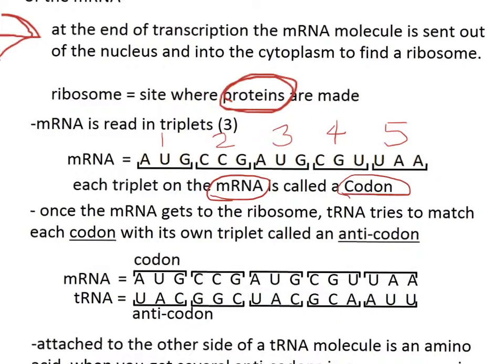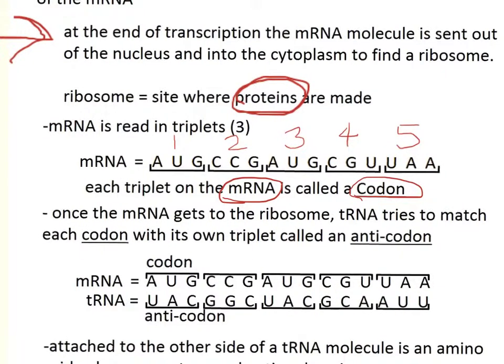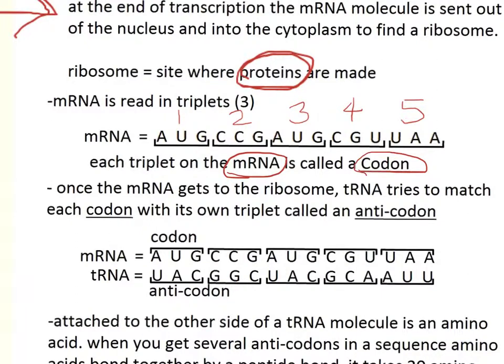So the mRNA is at the ribosome. Now we have to wait for the tRNA. The tRNA has to find its matching triplet. It'll match with a codon, and that codon will have something called an anticodon. So that's the 3 letters that will pair up with the sequence in mRNA.